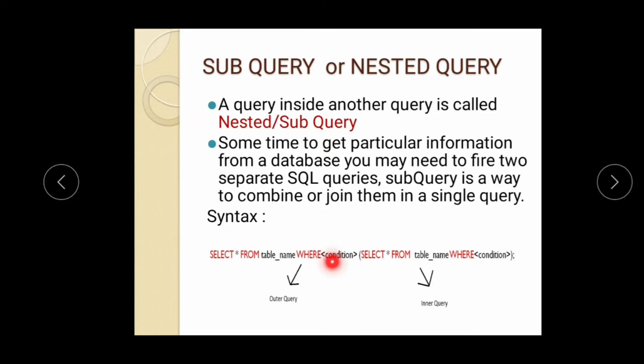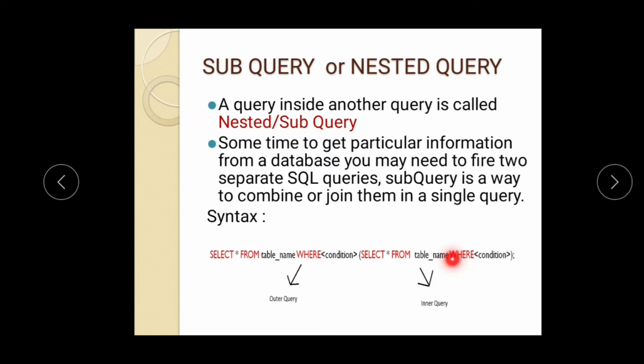The query written inside is called the inner query, and this is called the outer query. Always remember that the inner query will be written in the where clause of the outer query. So this is the syntax of a nested query or subquery.